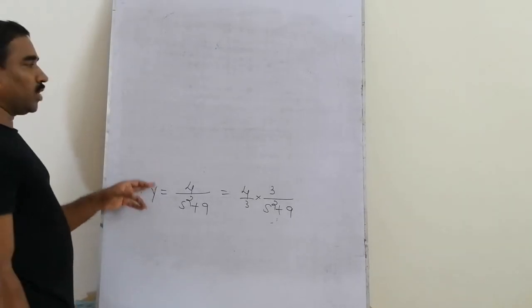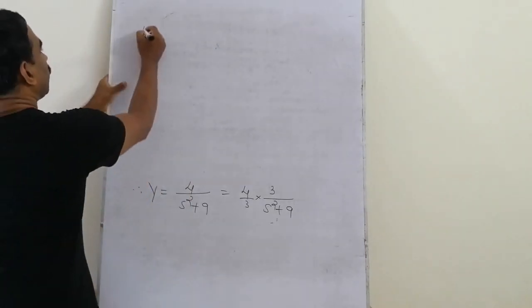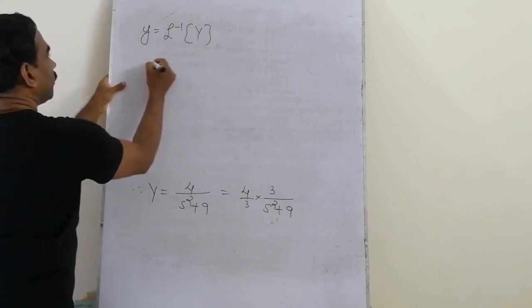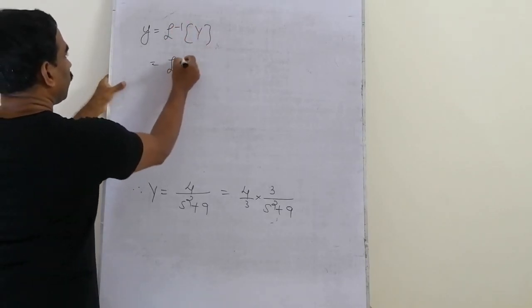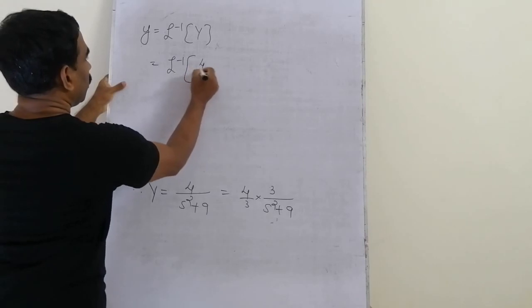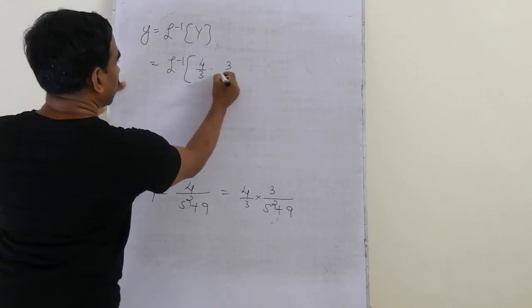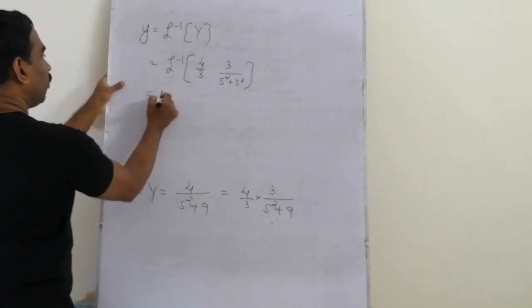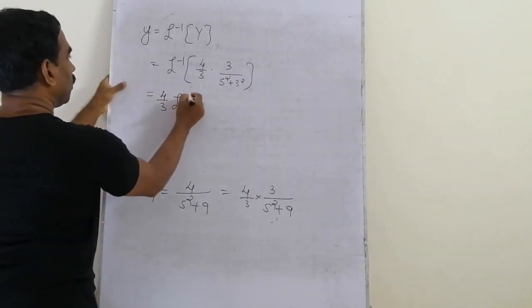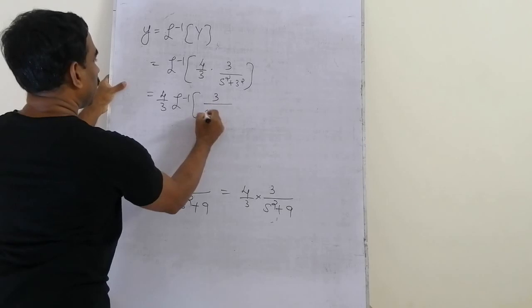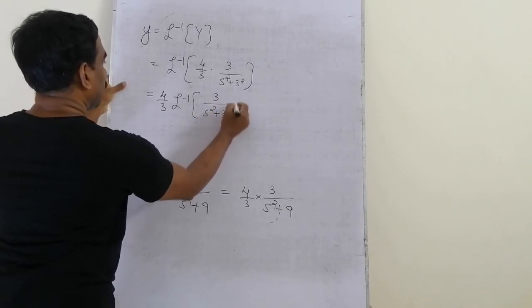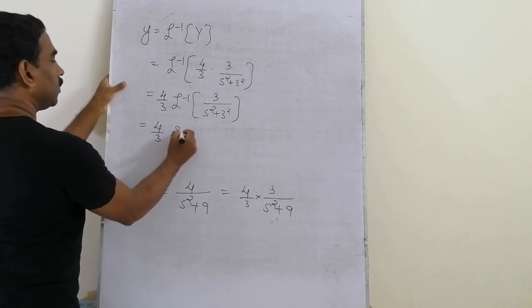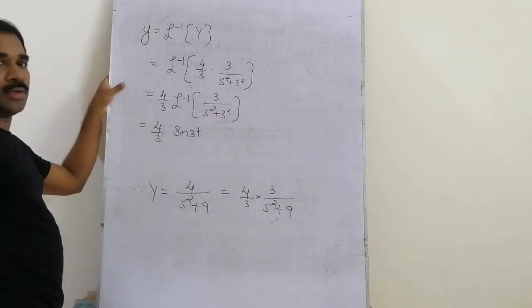Therefore, the required solution for the range t greater than pi becomes y is equal to L inverse of this capital Y, that is L inverse of 4 by 3 into 3 by s square plus 3 square, is equal to 4 by 3 into L inverse of 3 by s square plus 3 square, and that is a standard result, 4 by 3 into sin 3t.